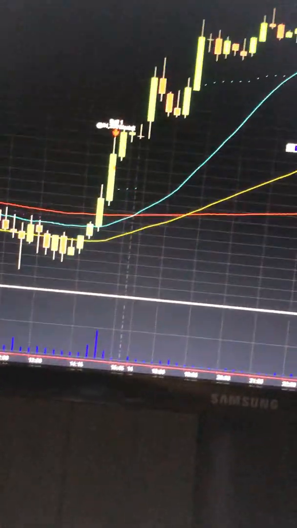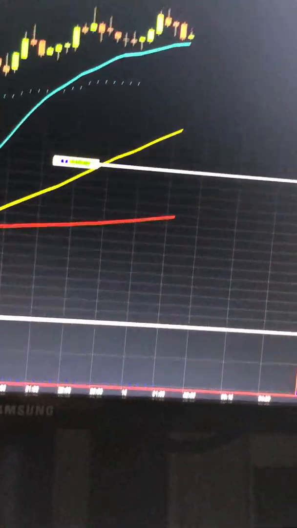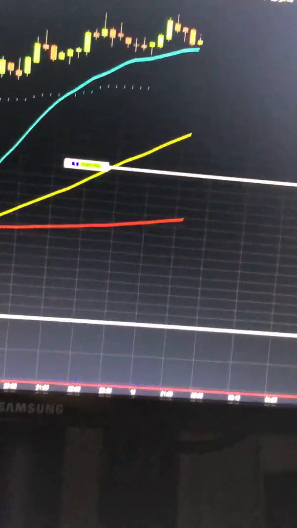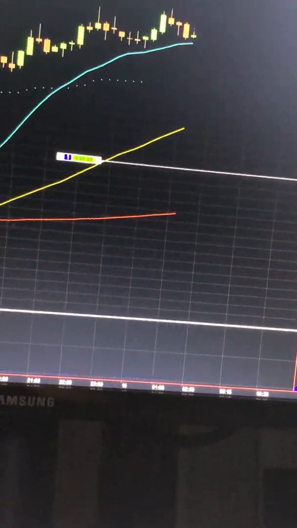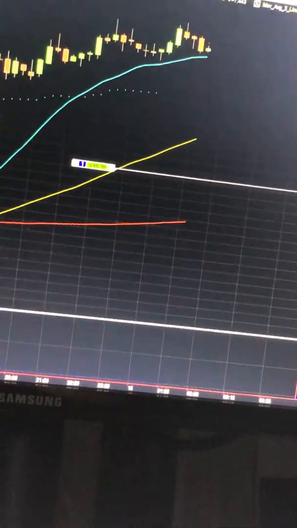And after hours, the stock volume, the trading volume is very low. So a lot of these prices are controlled by market makers. I don't really know what's behind the scenes.